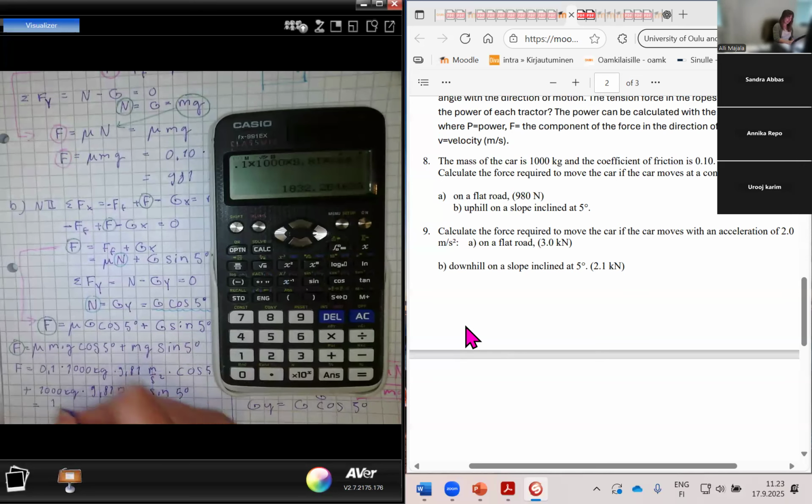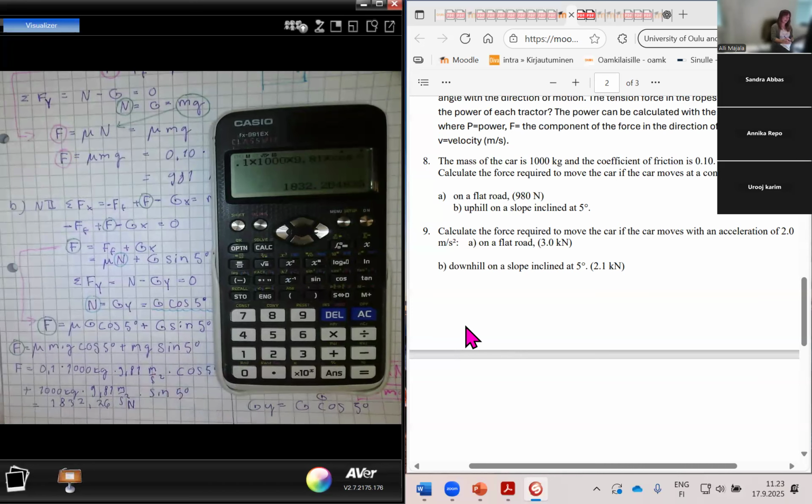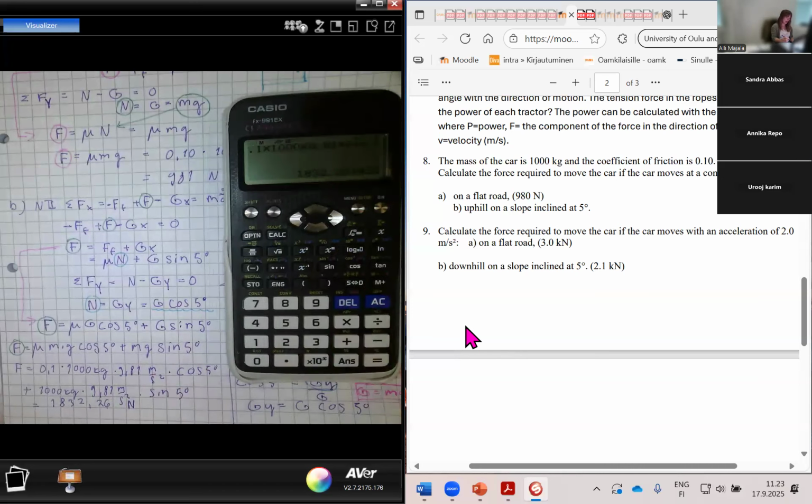So I got something like this. And this was the newtons. Force was with the newtons. And now I can, of course, round it to an accuracy of two numbers. So it would be about 1,800 newtons.